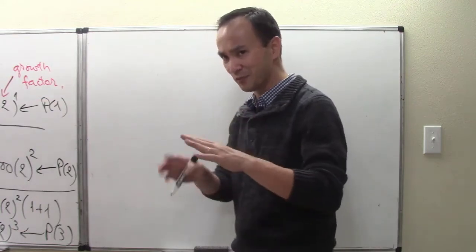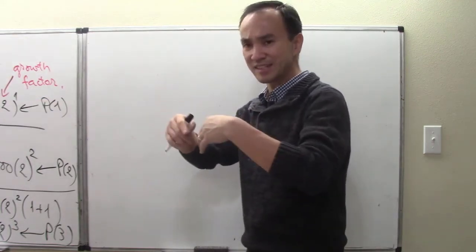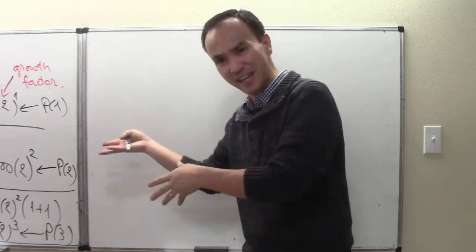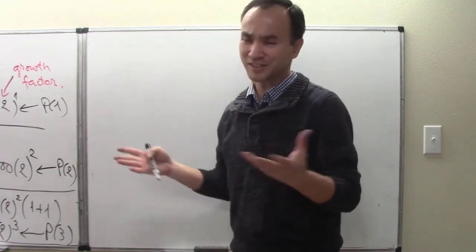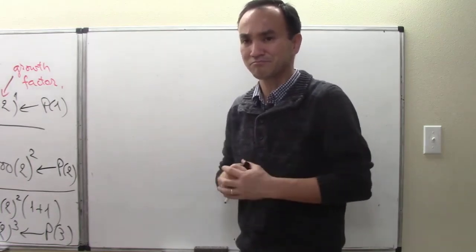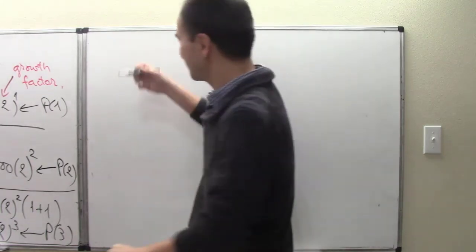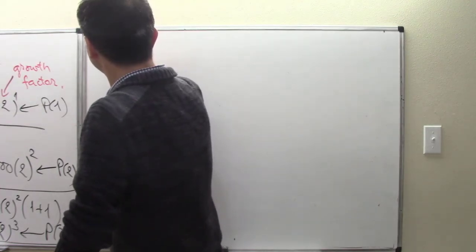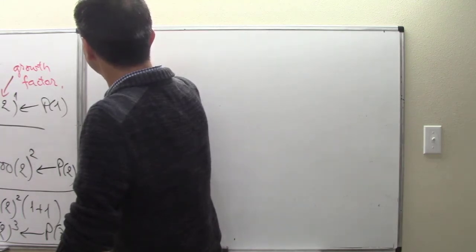But here, when it comes to a financial problem, then we don't use the term population. Technically, it's a population of money. But here we call it just the amount of money, or just the quantity. So I'll just call that the quantity.